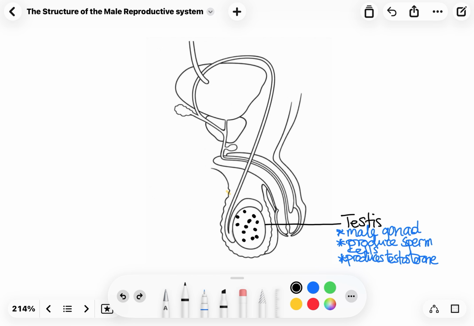Now let's use a thinner pen. So we identify this part. It is the scrotum.